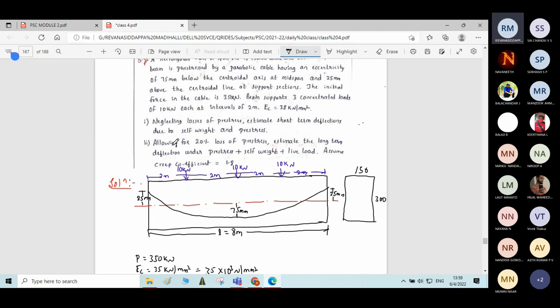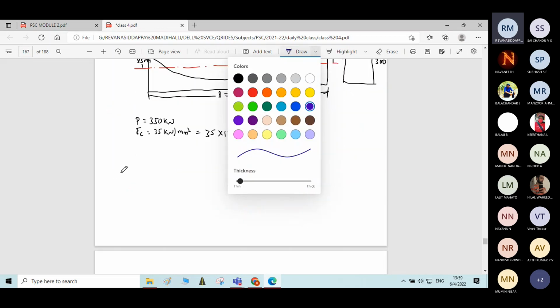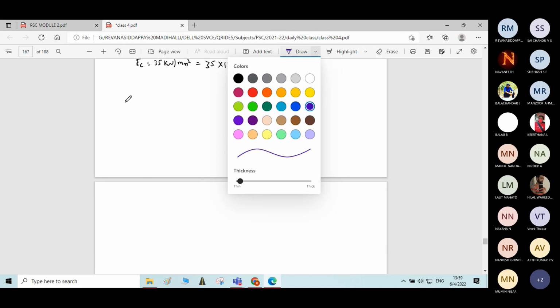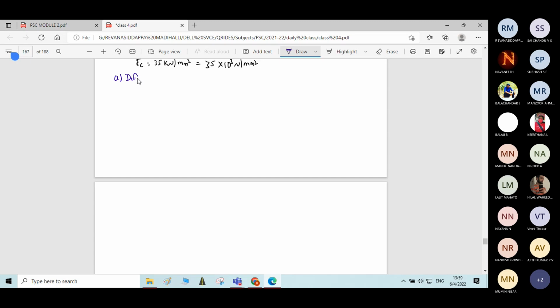Now first you find deflection due to dead load. We have the formula.